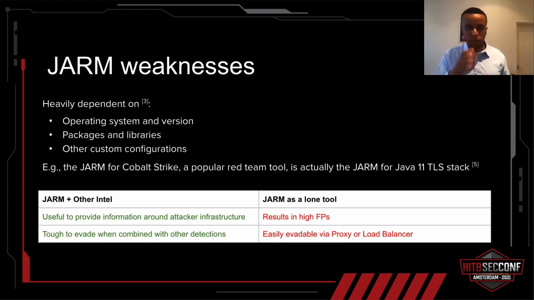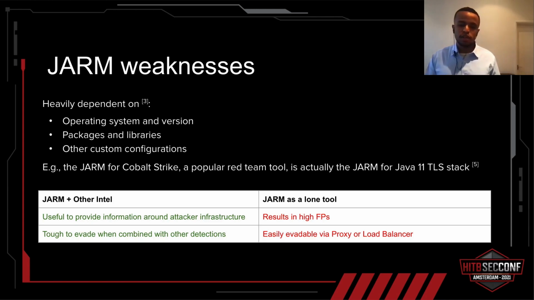Secondly, we can see that switching some configurations around, or maybe using a proxy or a load balancer, would result in a completely different fingerprint, which makes this even more unreliable when it's used by itself. Although JARM plus other intelligence has been proven to be quite useful, it is as part of a grouped detection approach.